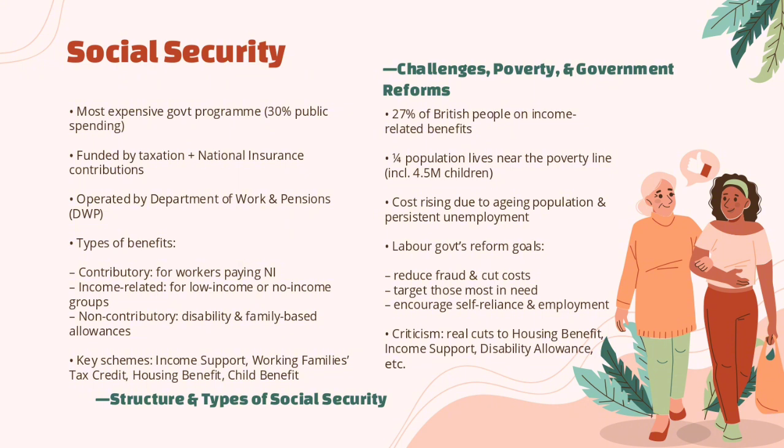This has also been widely criticized as real cuts to some benefits, such as housing benefit, income support, disability allowance, and unemployment support. The government said that social security costs are no longer sustainable, so they are encouraging self-provision.